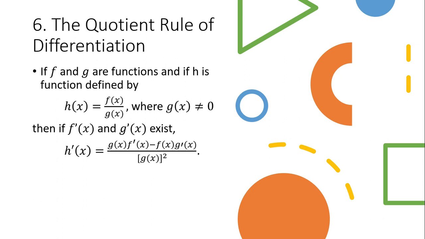Okay? Or sa iba, maririnig natin siya na low d high minus high d low over low squared. Okay?